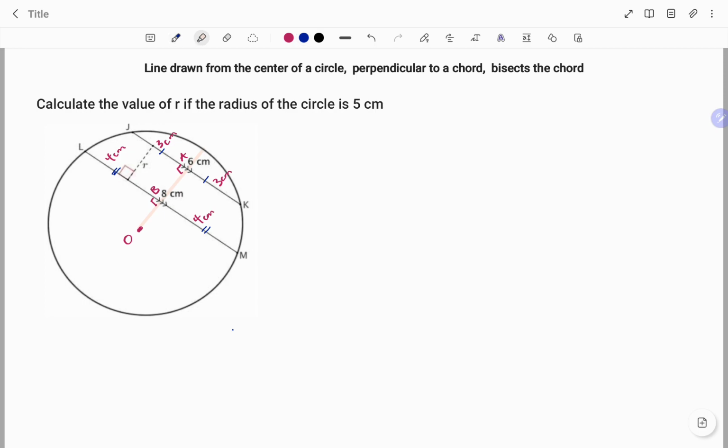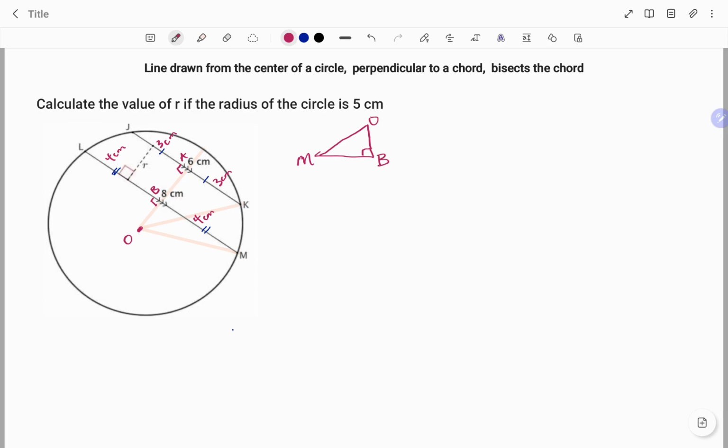Constructing another radius, I have line OM as shown. I'm going to construct another radius, line OK. Using the first triangle, I'm drawing a rough sketch. I have the first right angle triangle, M. I have the center O, and I have the point B as shown in the diagram.